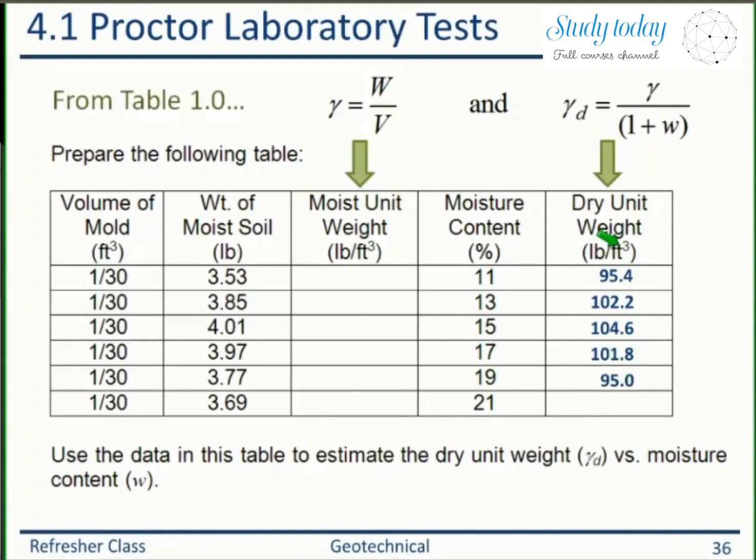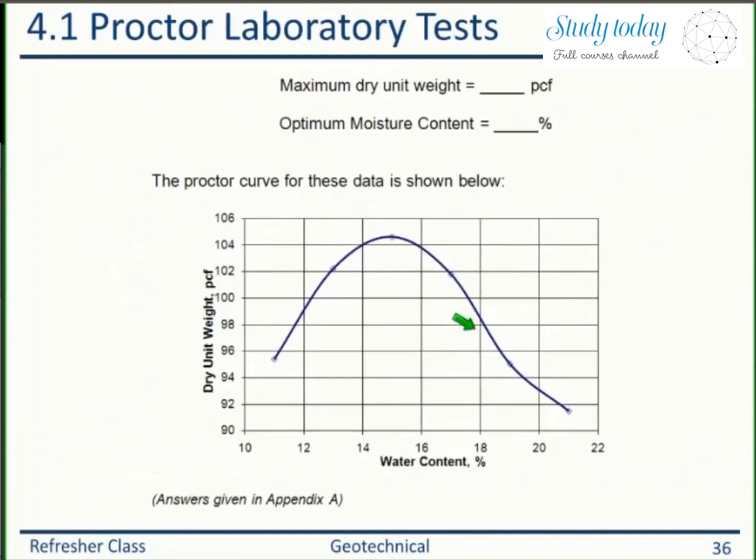So if you plot these values, you can get the Proctor curve. Without plotting, looking at these values, we can say the maximum gamma D is 104.6 and the corresponding moisture content is 15. But if you want to plot it, you could plot those values.